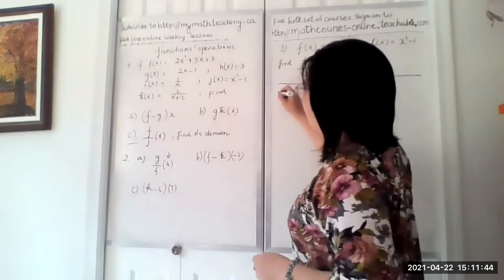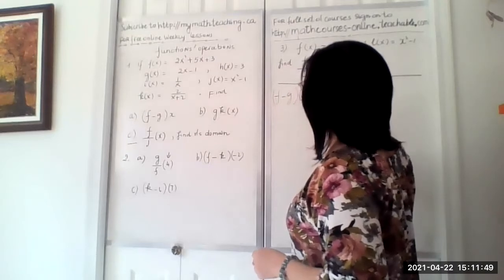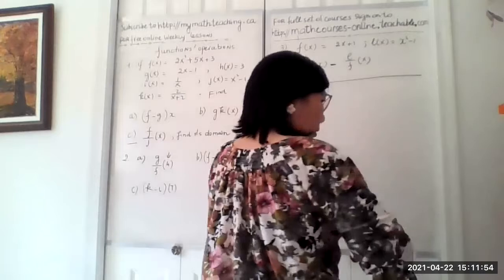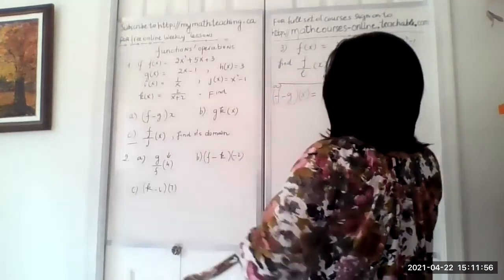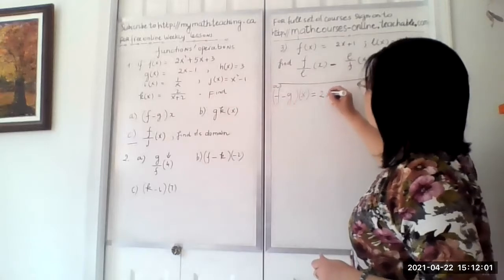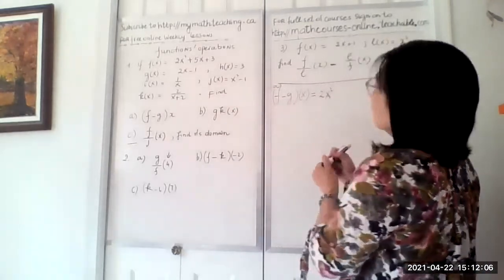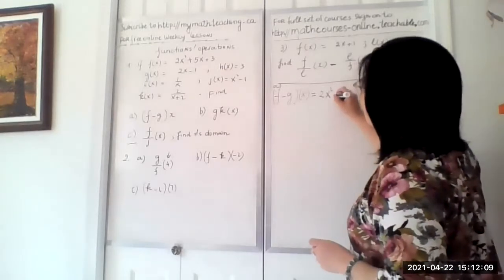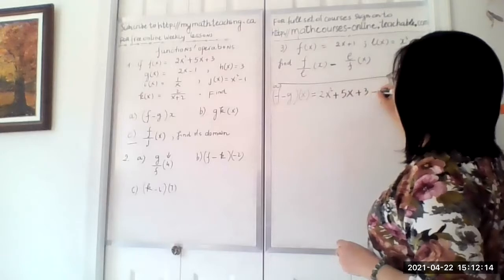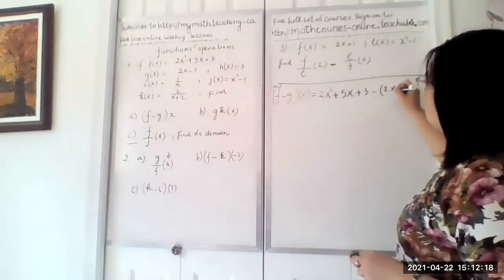We have f minus g of x will be equal to f of x, which is 2x squared plus 5x plus 3, minus g of x, which is 2x minus 1. So I'm going to put them in brackets.